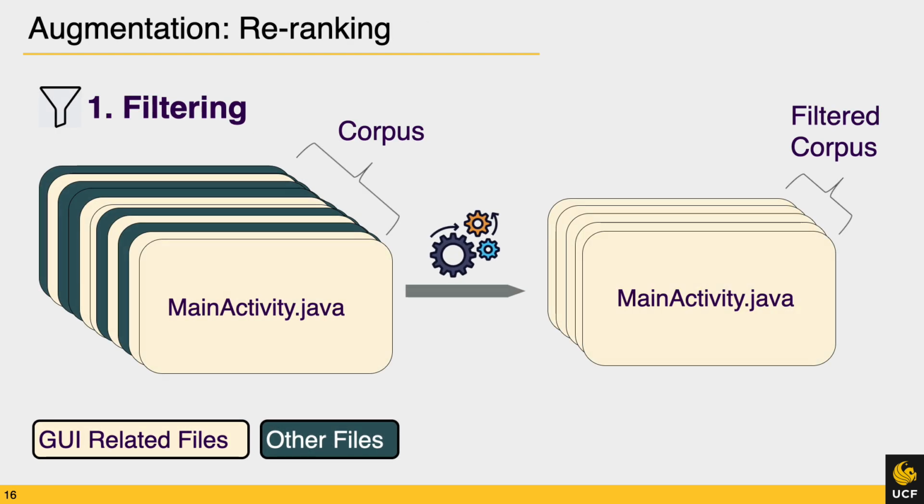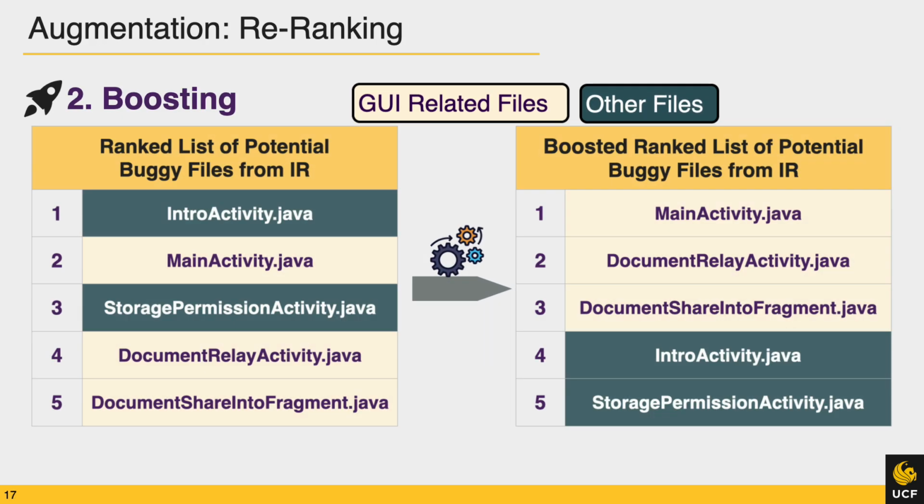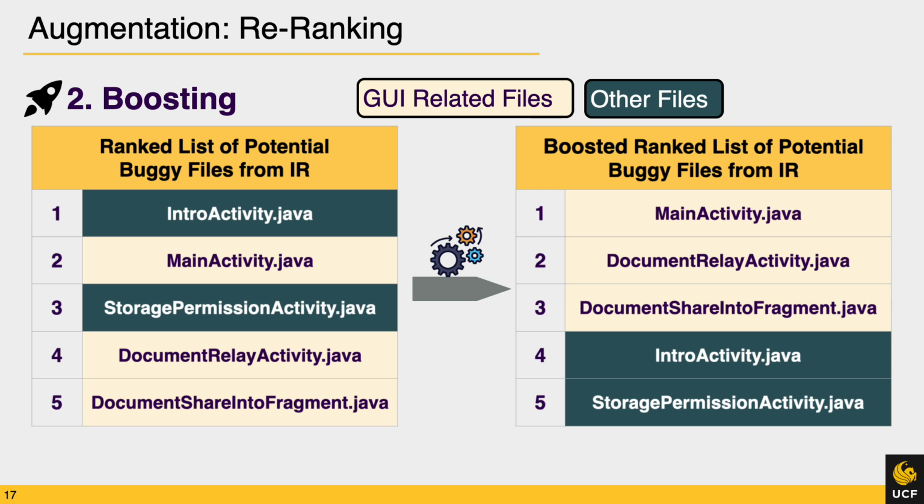The second augmentation technique is called re-ranking. One way of re-ranking buggy files is filtering. In a particular corpus, a few files are related to the GUI and others are not. In filtering, we will exclude the source files which are not related to the GUI. Another way of re-ranking is boosting.